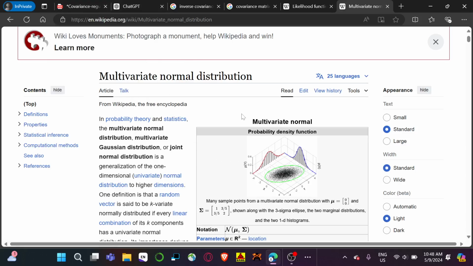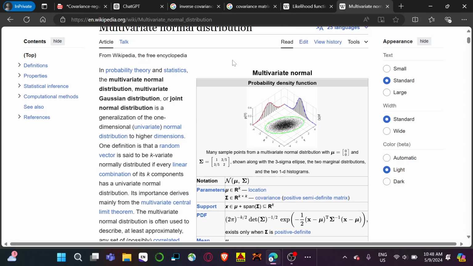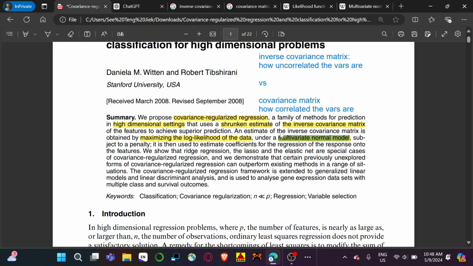So I would assume the model is going to be some Gaussian model in some sense, but we shall see, or maybe I could be wrong. Subject to a penalty, so they use a penalty term.